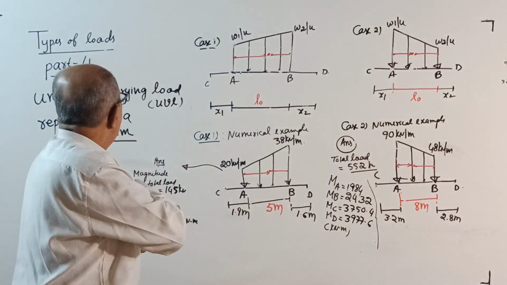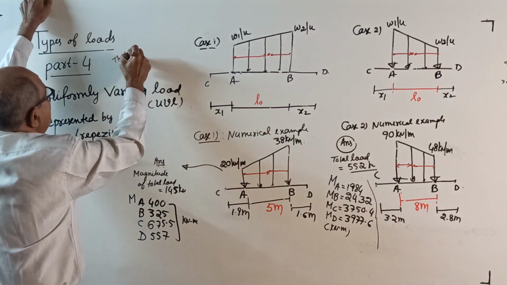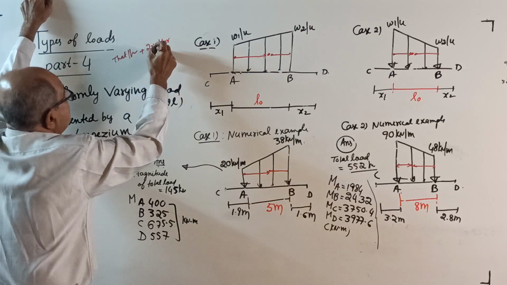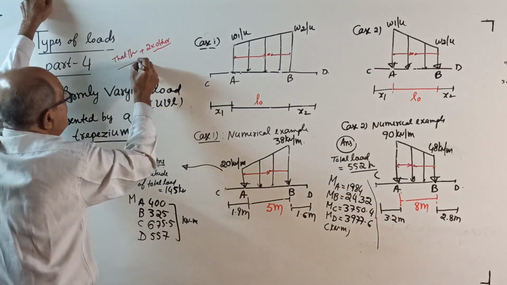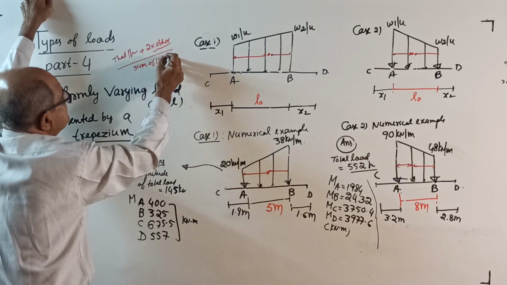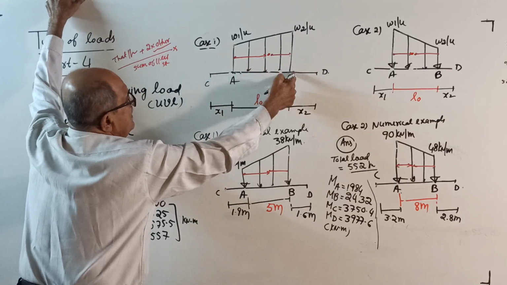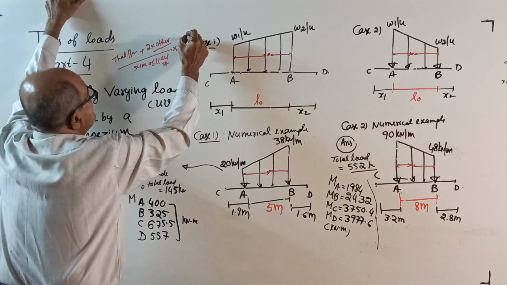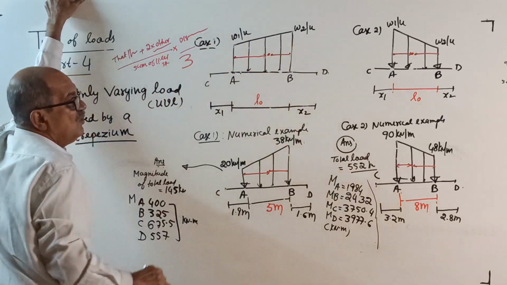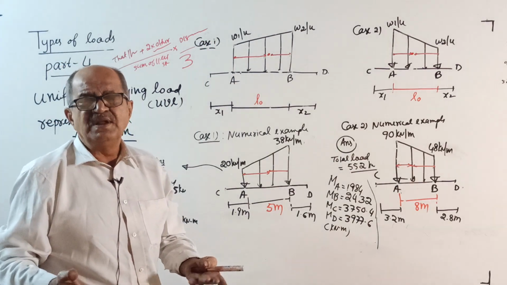plus twice of other parallel side, divided by sum of parallel sides, multiplied by distance between the two parallel sides divided by 3. For area it is 2. This all I told earlier, not once. Still I am telling.